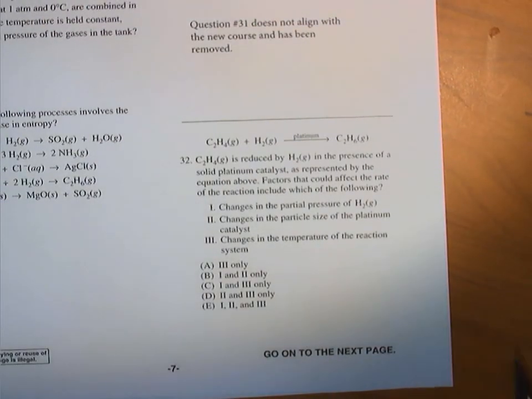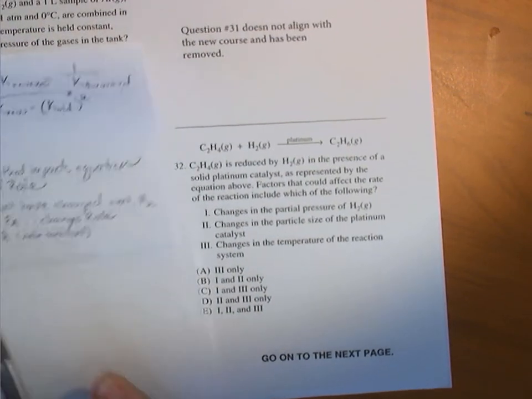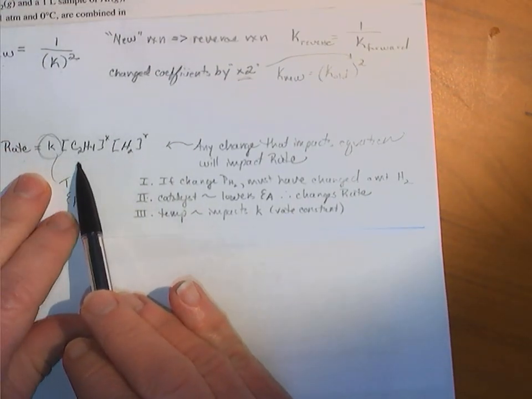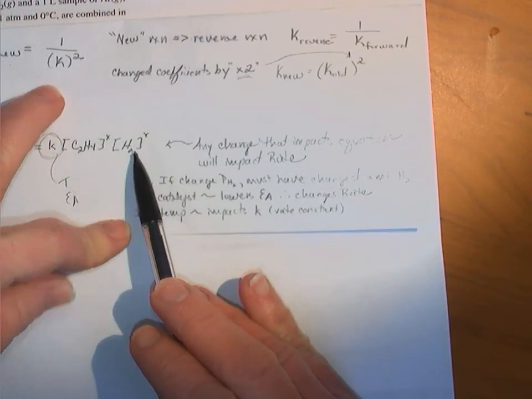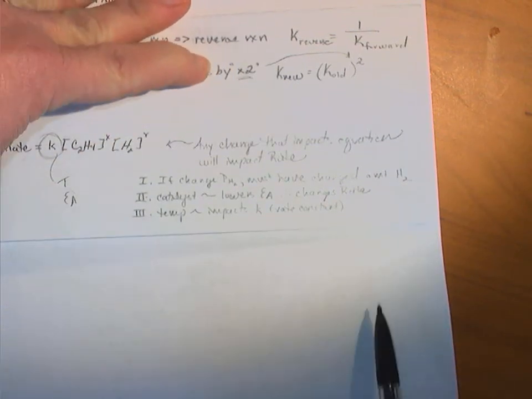If you change the partial pressure of hydrogen, you must have changed the amount of hydrogen to be able to do that. If also the C2H4 wasn't changed, it's also in the gaseous state. So to change just the partial pressure of it, you must have changed the amount of it, which of course will change rate.